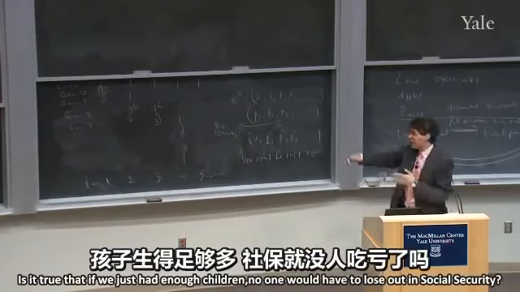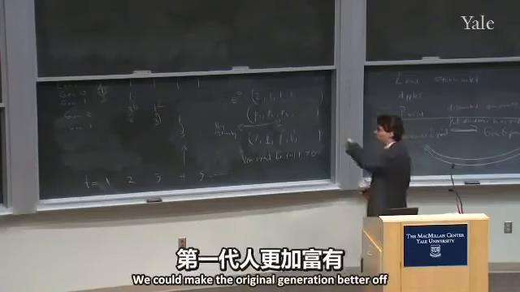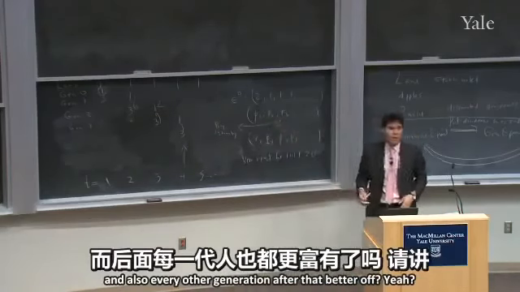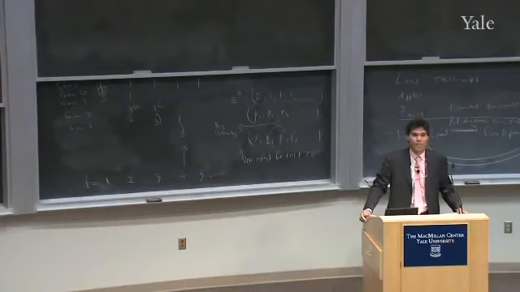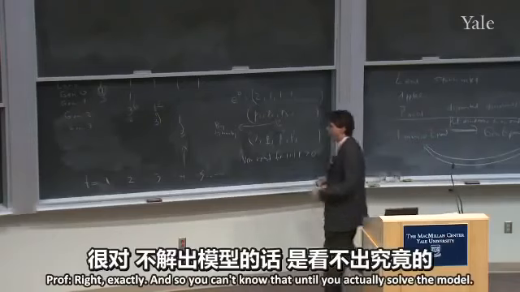Is it true that if we just had enough children, no one would have to lose out in Social Security? We could make the original generation better off and also every other generation after that better off? Yep. I think it would raise interest rates so that even giving up a half to get one would be a loss in real terms. Right. Okay, exactly.